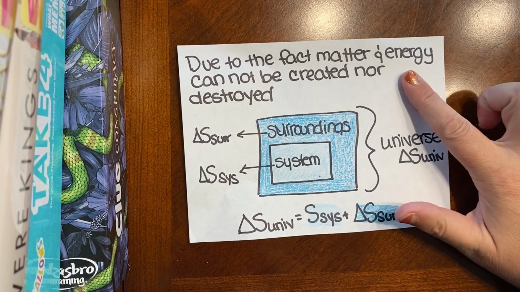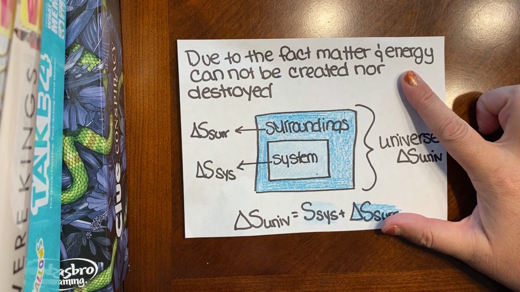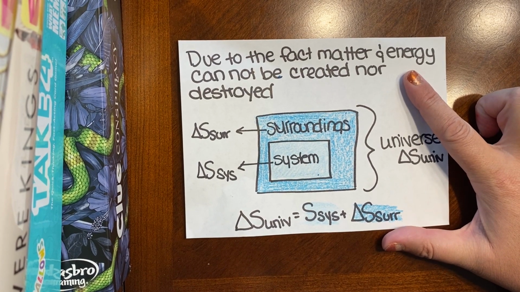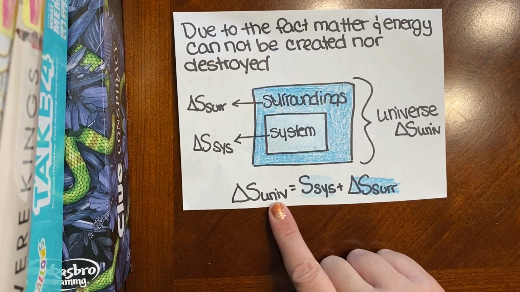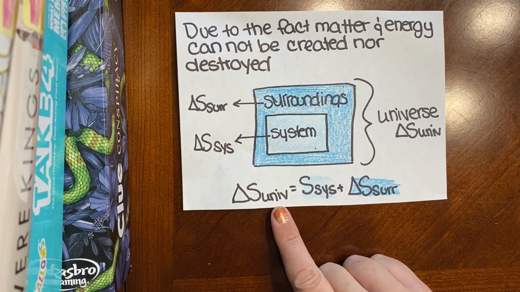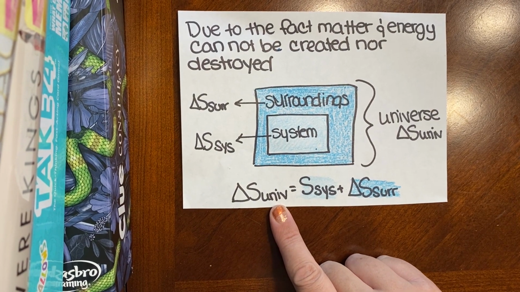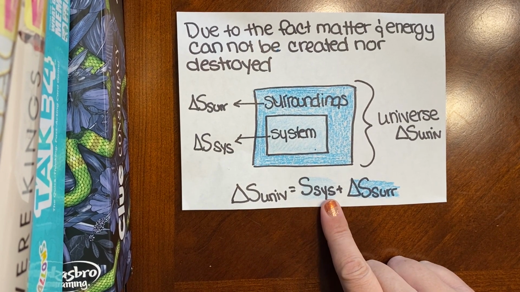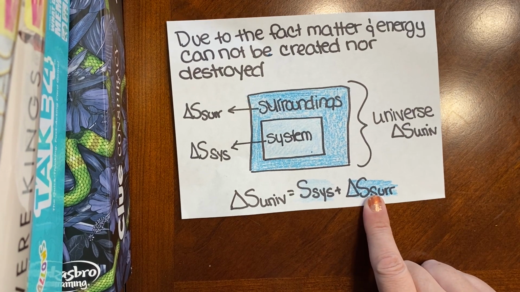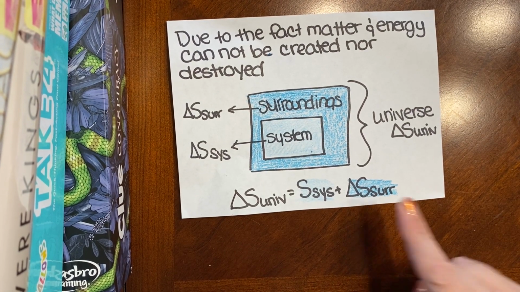So, due to the fact that matter and energy cannot be created nor destroyed, we have the entropy of the universe is equal to the entropy of the system plus the entropy of the surroundings.